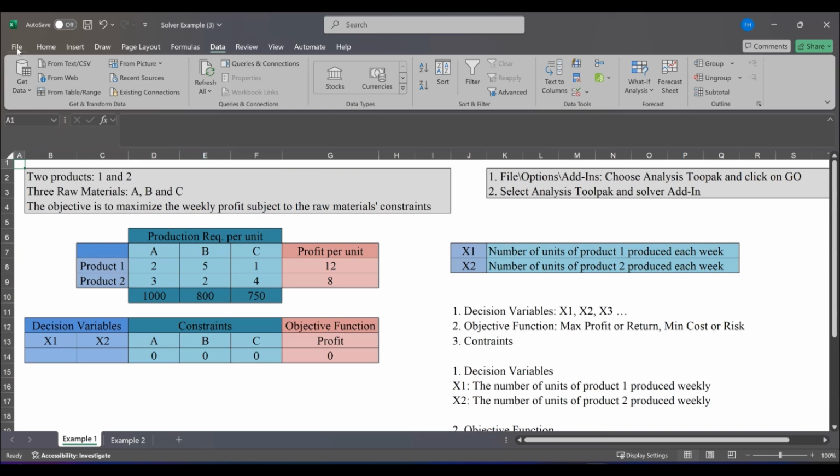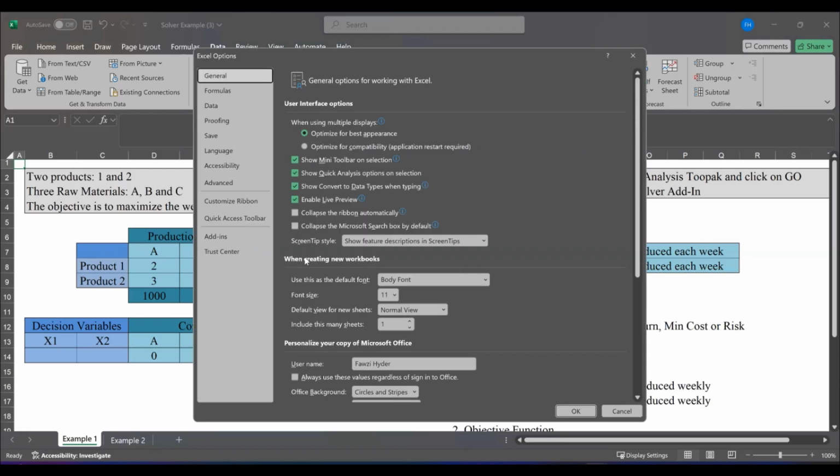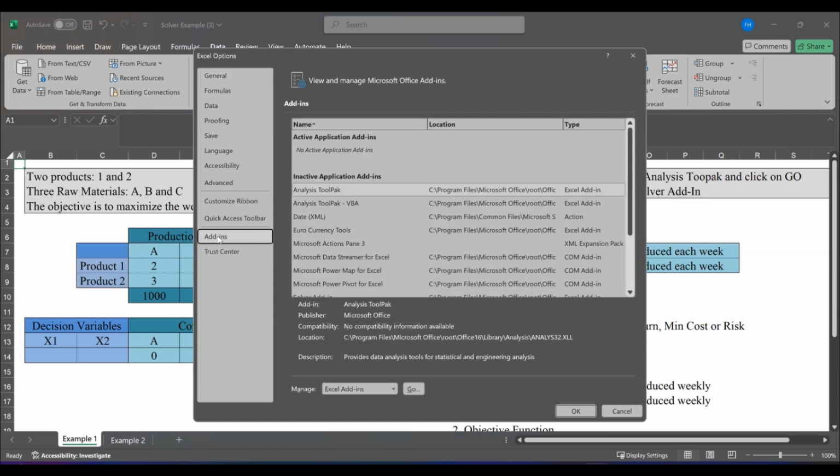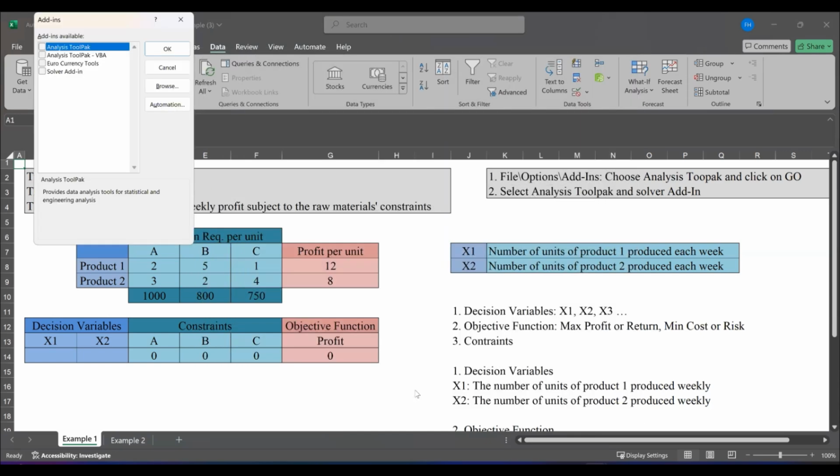If you click on File, and then here you have Add-ins, you click on it, you see Analysis Toolpack, you click on Go, and here you can see Analysis Toolpack, the first one, and the last one is Solver add-in.